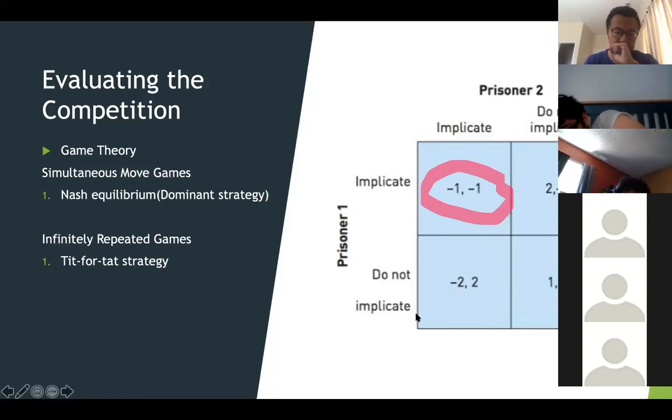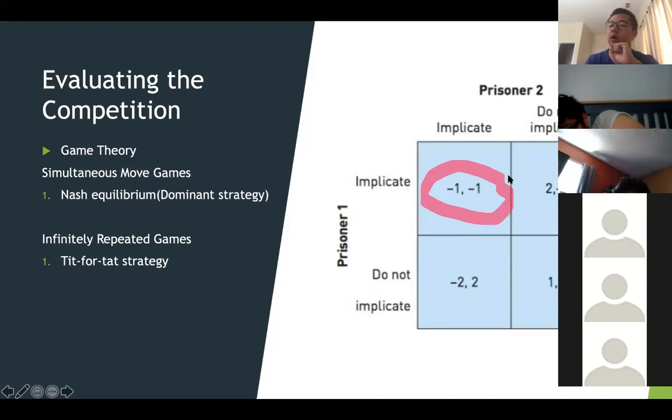But if we choose not to implicate, our competitor, prisoner two, might choose the second one, and we will get -2. That's not very good for us.